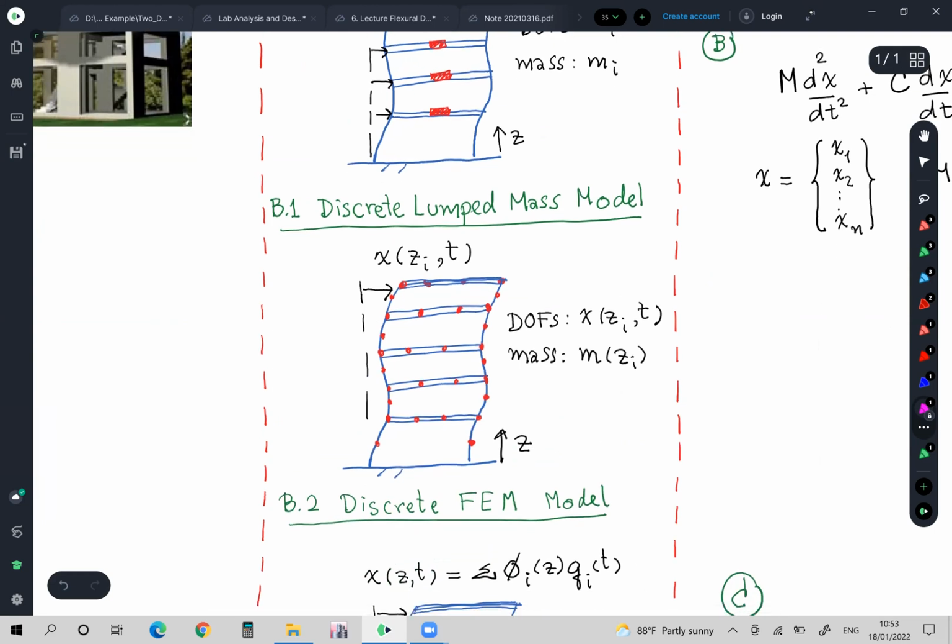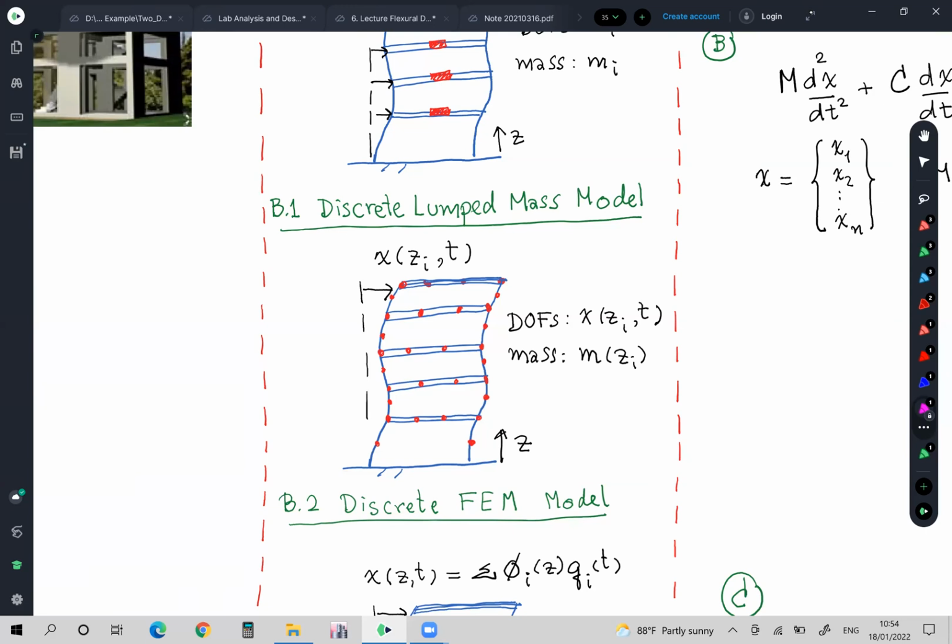For the finite element model, that's called the consistent mass. This mass matrix is more sophisticated. It's quite complicated to explain the mass and the rotational inertia, how the element's mass distribution is transformed into the node locations.